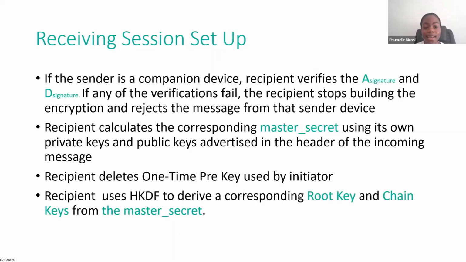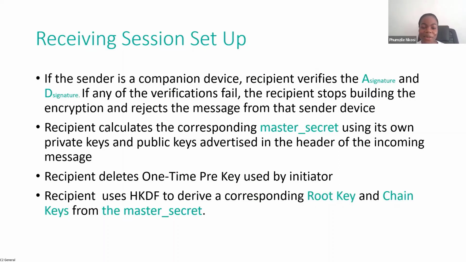If the sender was a companion device, the recipient will verify the account signature and the device signature. And if any of the verification fails, the messages from that device will be rejected. So maybe if your crush has not replied to you yet, you can blame it on the fact that verification might have failed.